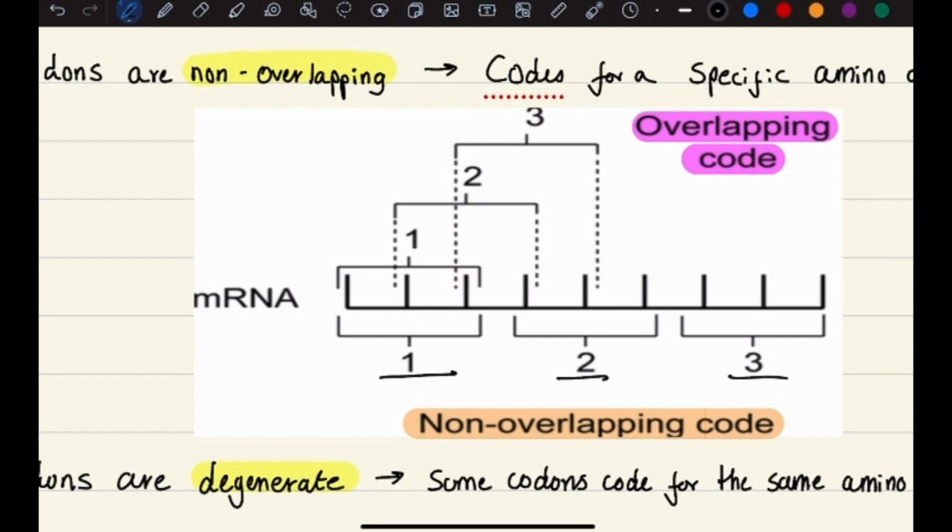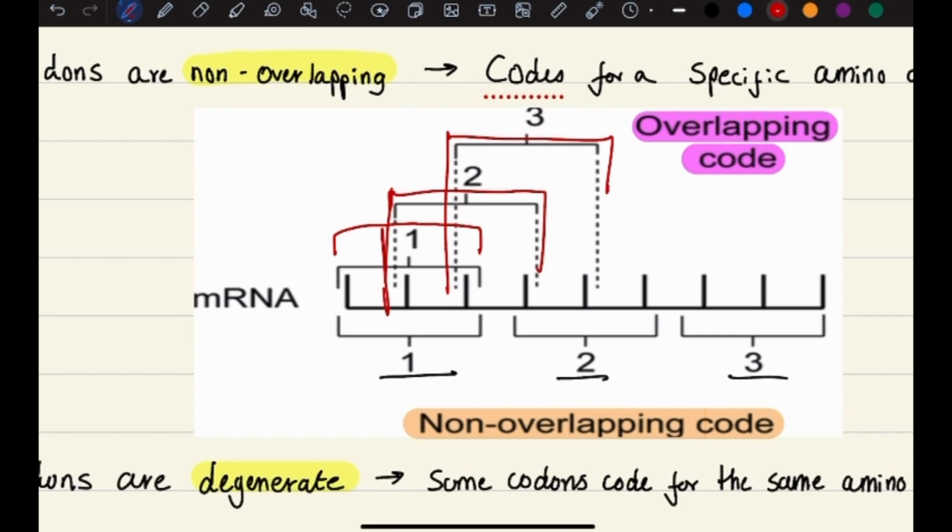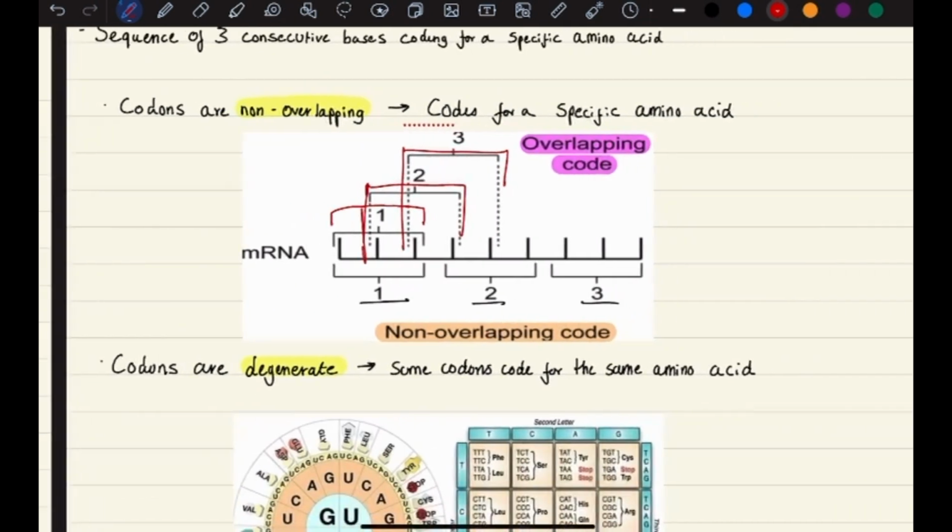Whereas at the top, if we had overlapping code, which we don't have, you can see the first codon here, 1, 2, 3, but then we break it up for the second codon. We use part of this for our next 3, and we're even breaking something there for the next 3. That gets way too complicated. We do not do that in organisms. I hope that makes sense.